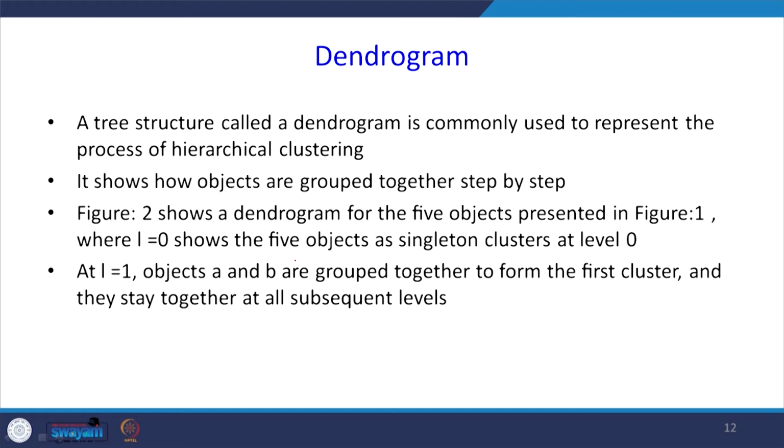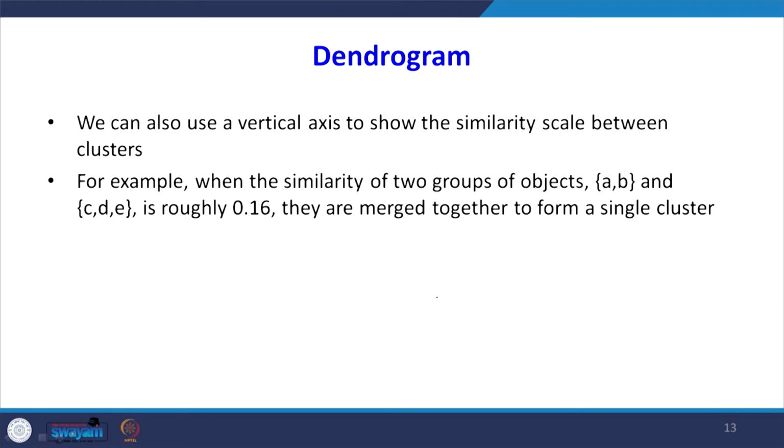At level 1, objects A and B are grouped together to form the first cluster, and they stay together at all subsequent levels. This hierarchical structure can be understood with the help of this dendrogram. We can also use the vertical axis to show the similarity scale between the clusters. Actually, it is given on the right-hand side of the picture. For example, when the similarity of two groups of objects, AB and CD, is roughly 0.16, they merge together to form a single cluster.